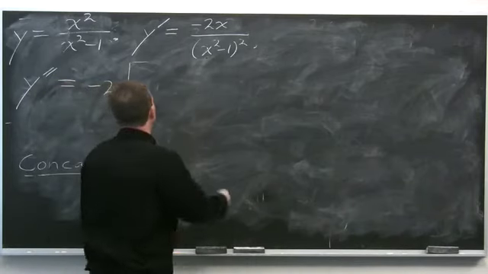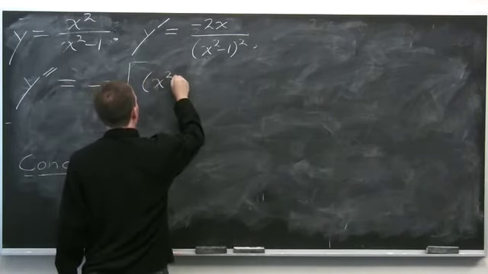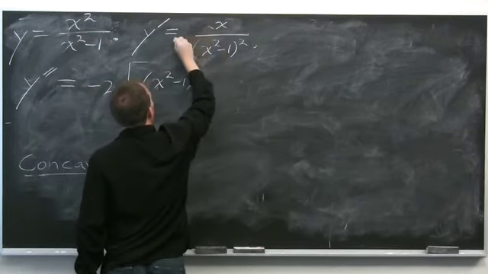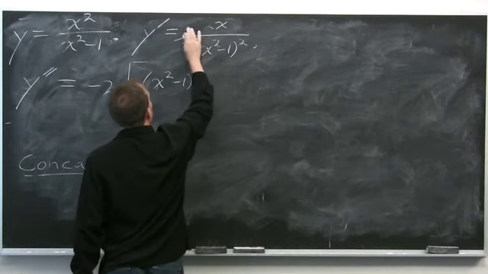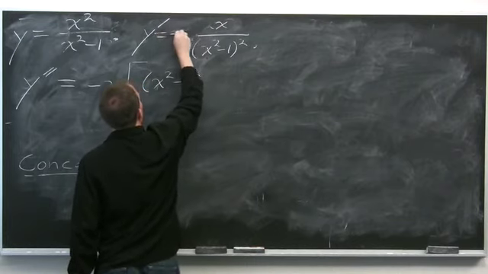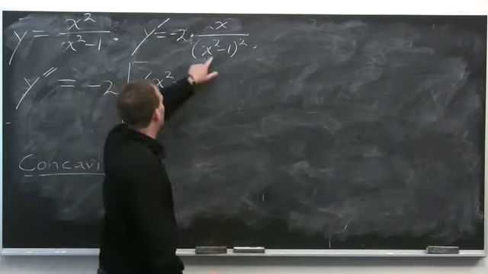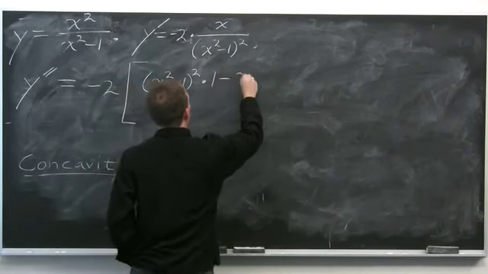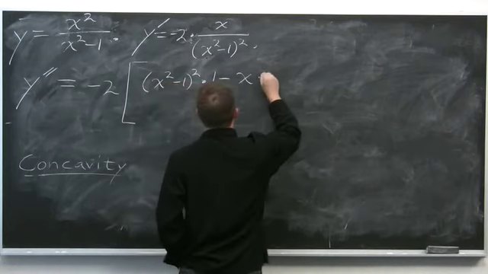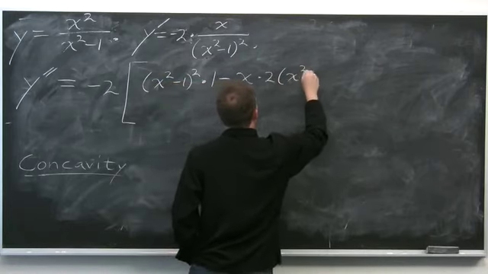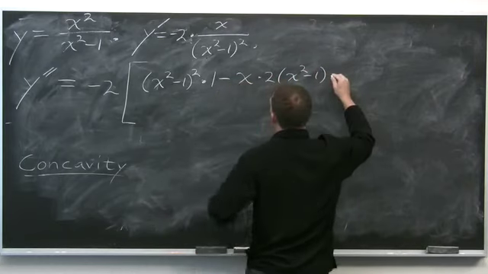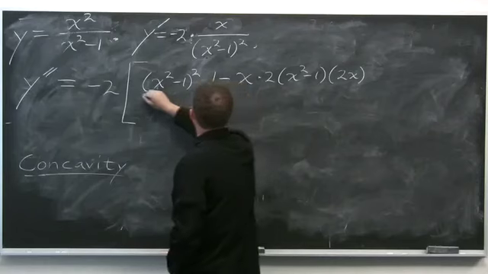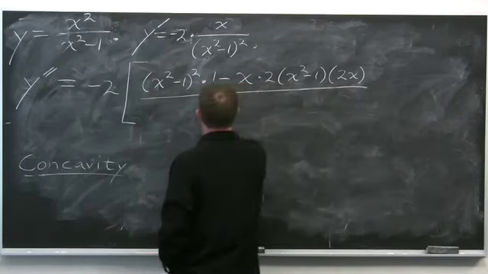It's the bottom, so the x squared minus 1 squared, times the derivative of the top, except I've pulled the minus 2 out. So let me write it as: the bottom times the derivative of the top. The derivative of x is just 1, minus the top, the x, times the derivative of the bottom, 2 times x squared minus 1 to the 1, but by the chain rule you have to multiply it times an extra 2x, all divided by that denominator squared.